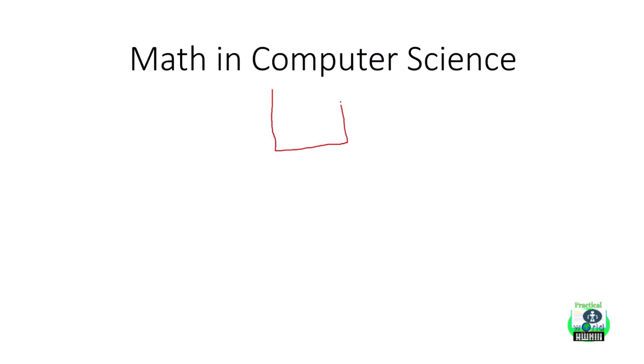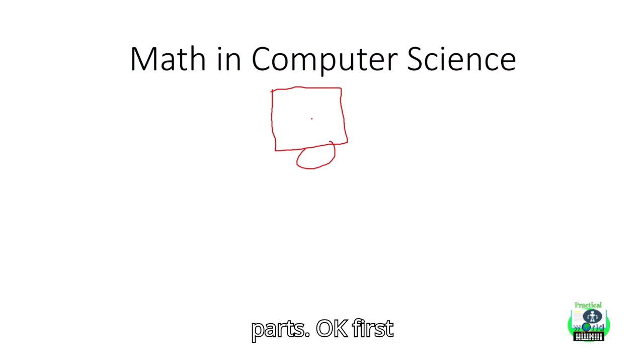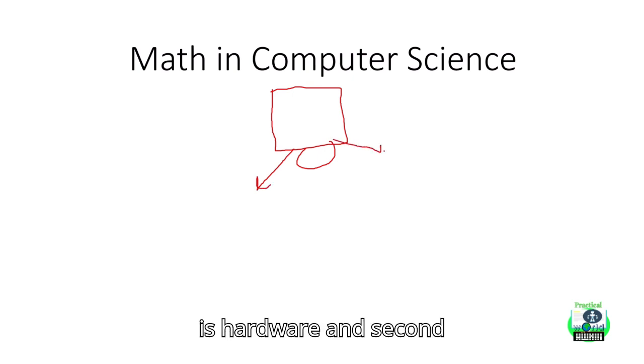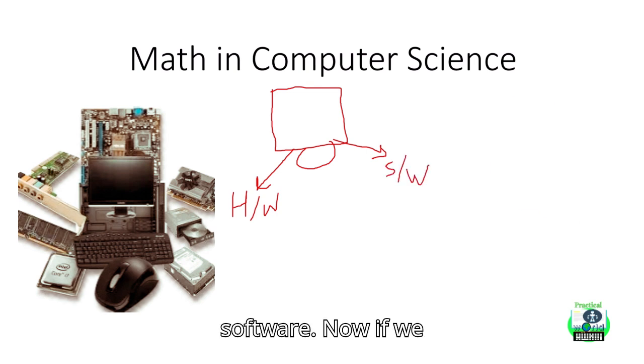So I will explain from a very basic example. As we all know, a computer consists of two parts: first is hardware and second is software.